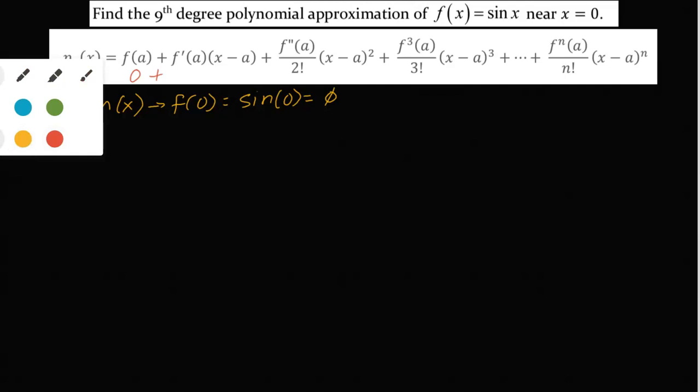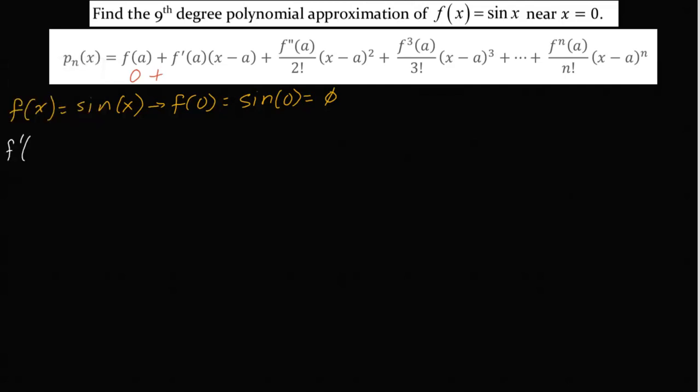And then next we would look at the first derivative. f prime of x is going to be cosine of x.